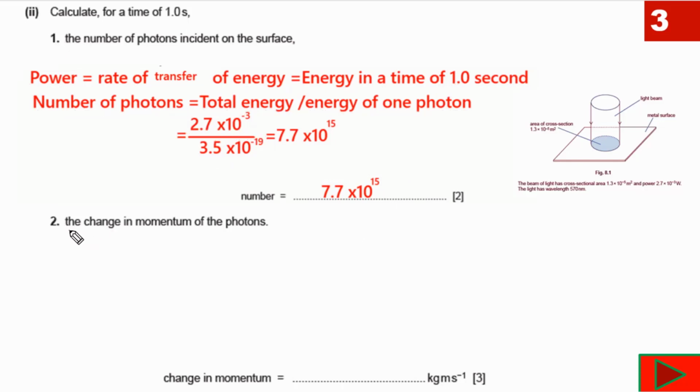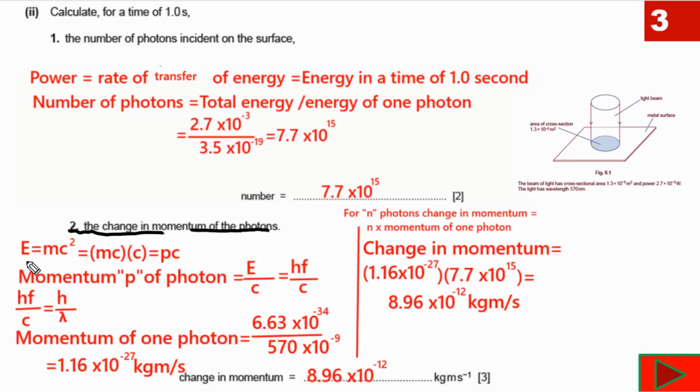For the second part, we need to calculate the change in momentum of the photons. If we read the question carefully, in the previous part it is given to us that the light is absorbed by the surface and does not reflect back. So it simply means that the final momentum is equal to 0.